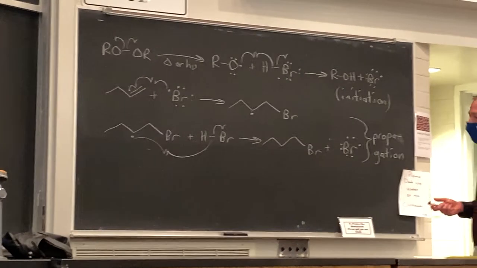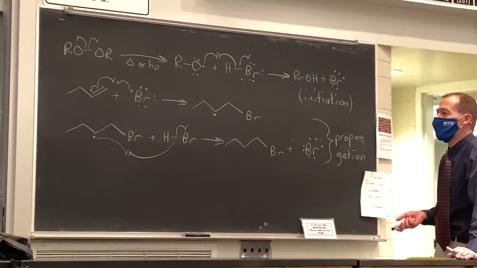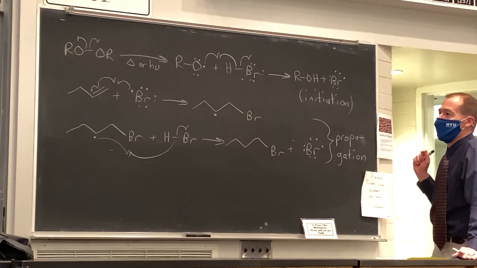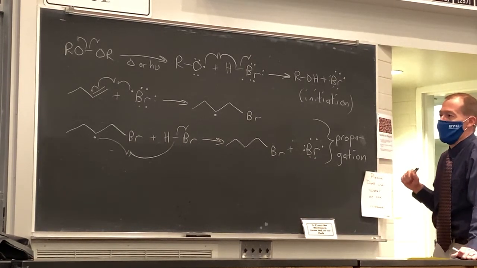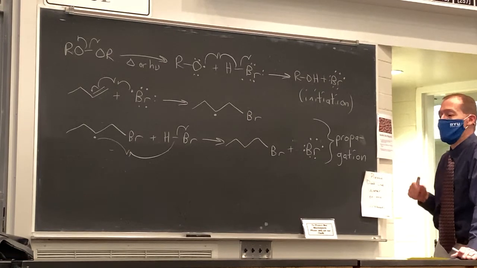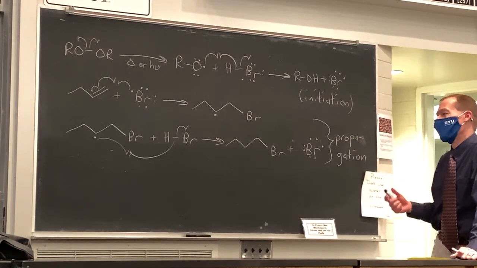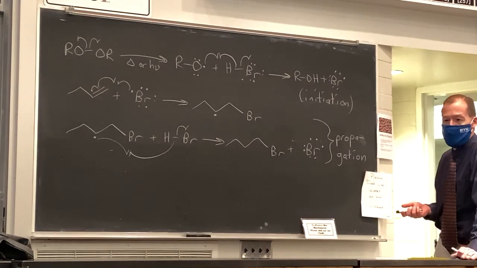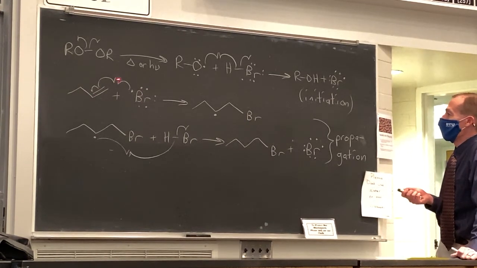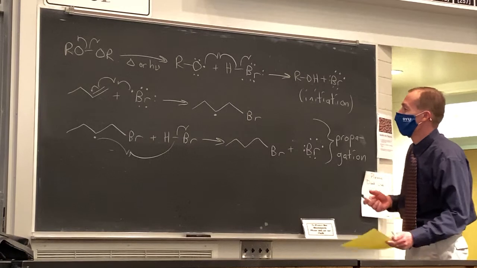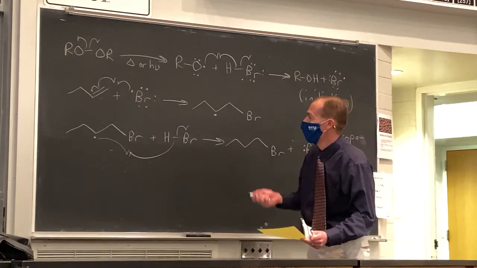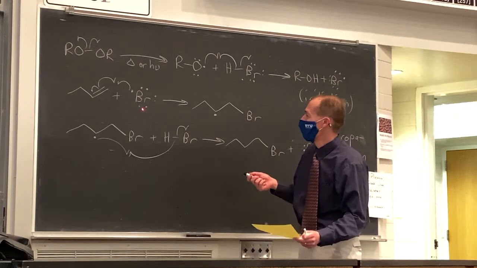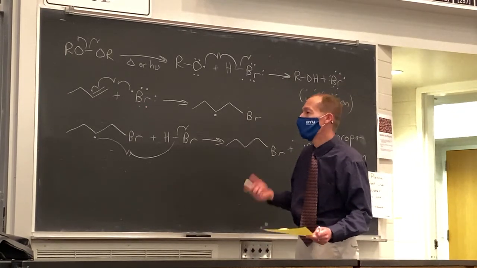So as you look at this mechanism, you can see the difference between the radical hydrohalogenation of an alkene and the non-radical hydrohalogenation of an alkene. In our first propagation step, we're adding a bromine radical to the alkene. And we have two choices. Are we going to add the bromine radical to carbon number 1, or are we going to add it to carbon number 2?